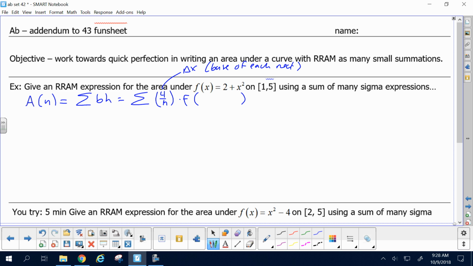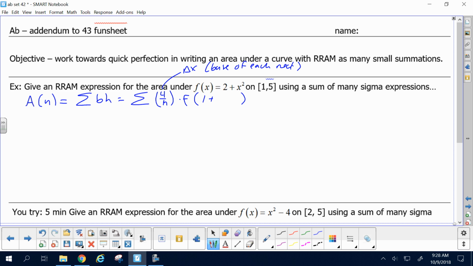Now, what point you draw the height at goes to a couple things. What are some considerations into where you draw the height? The end point, yeah, the starting point, the left edge. We're starting in this case at 1, and then how far you go over each rectangle is how many delta x's you go over.